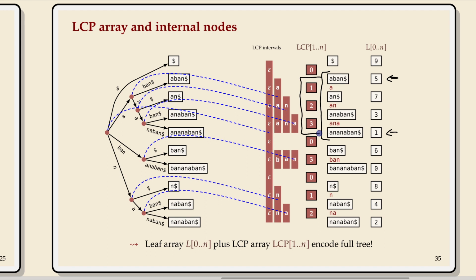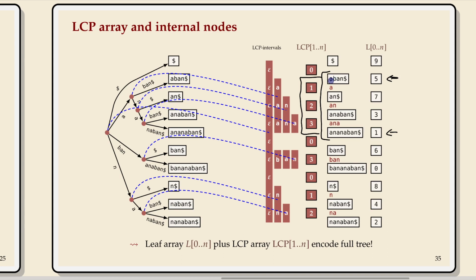And the thing is that we have to find the smallest entry in that range to get their overall longest common prefix. And the reason for that is if you look at the strings, these red strings, the things that adjacent suffixes share, kind of the lowest common denominator is what determines the longest common prefix between this one and this one.